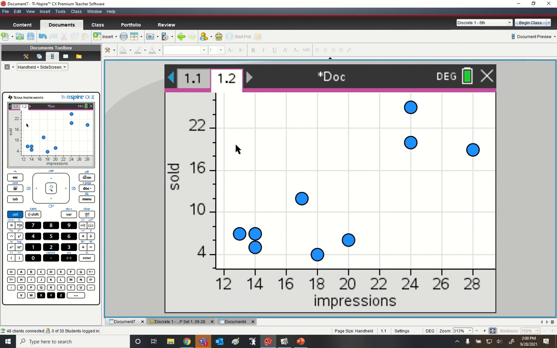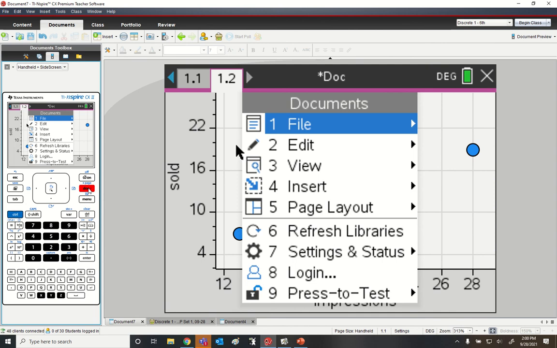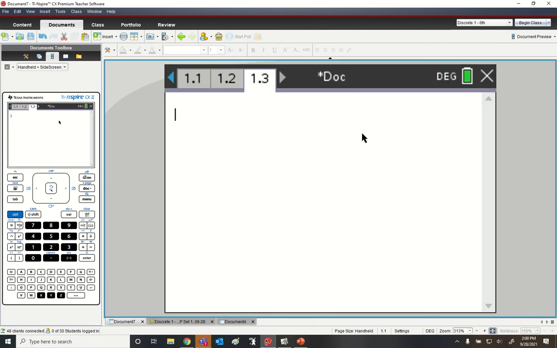What's wrong? Okay. All right. So now I have the graph. Now I gotta try and figure out what type of equation I'm gonna use. So doc, insert calculator. And I'm going to go through my steps every single time.